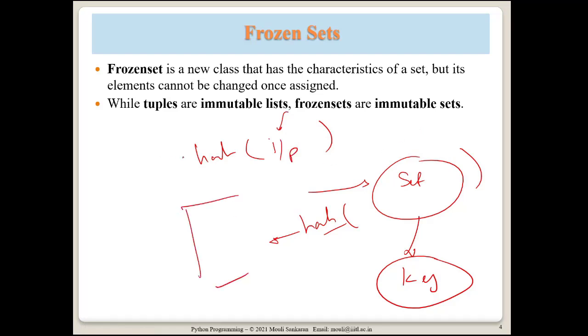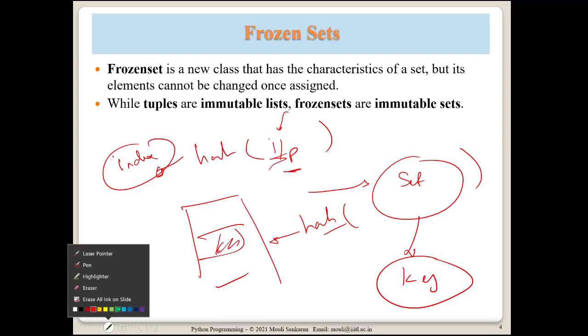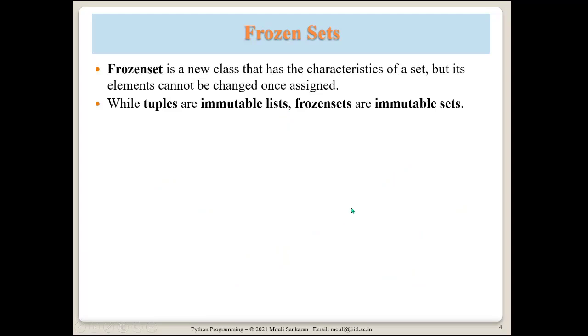Then we find the index into the table, which is the output of the hash function for an input, and then we look for this input object, whether it is present in the table or not. So if you want to do that, a set inside a set or a dictionary as a key, then we need to have a frozen set.